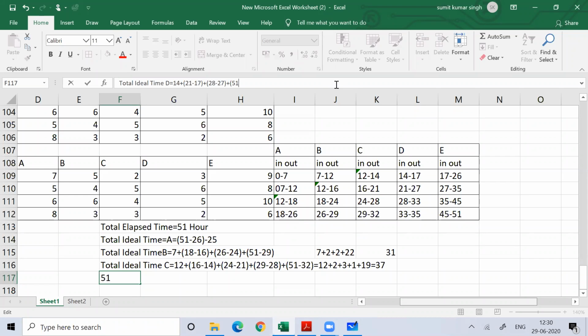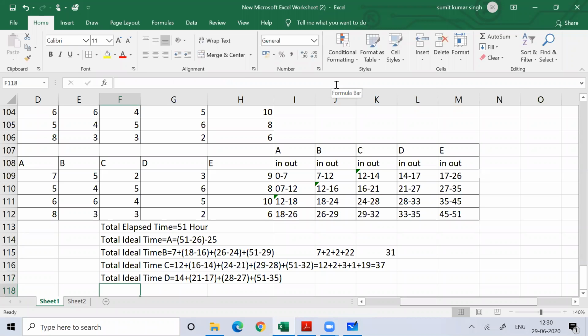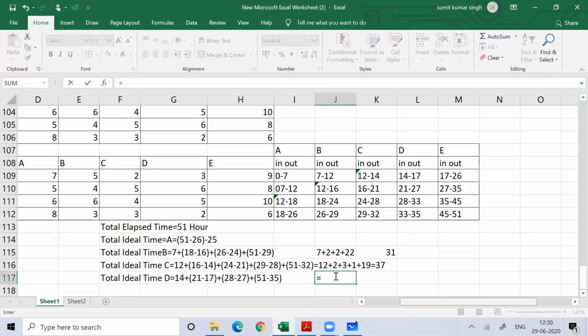Then 51 minus 35. This is the total idle time of D. So this would be equal to 14 plus 4, 18, plus 1, 19, 20, 35.